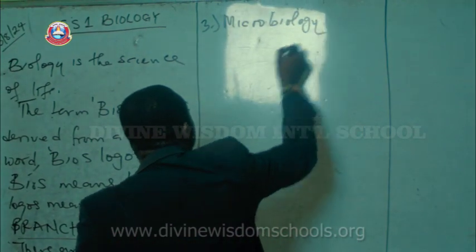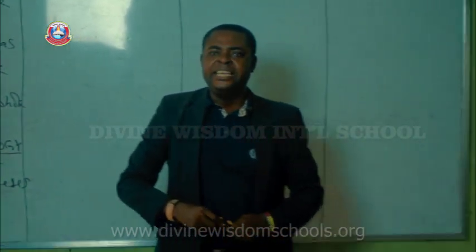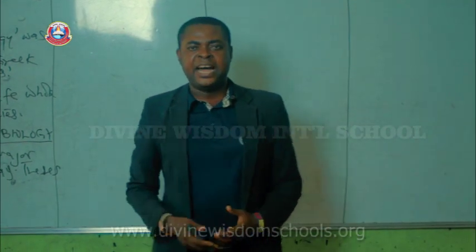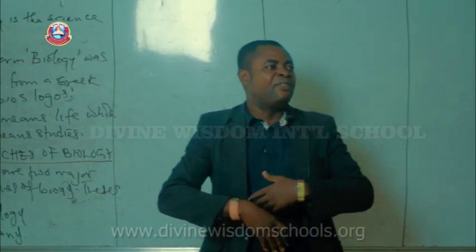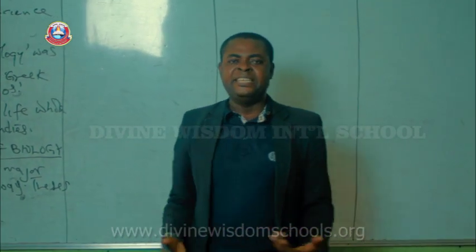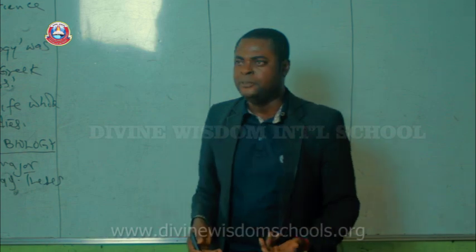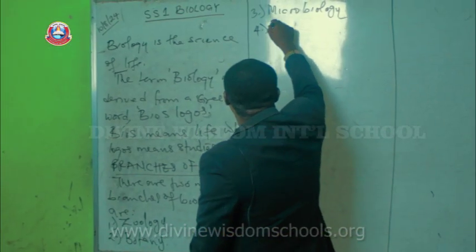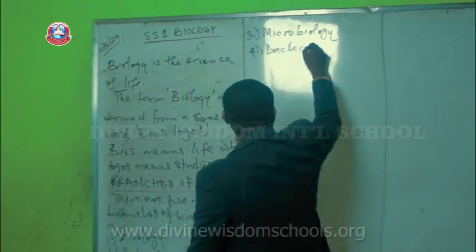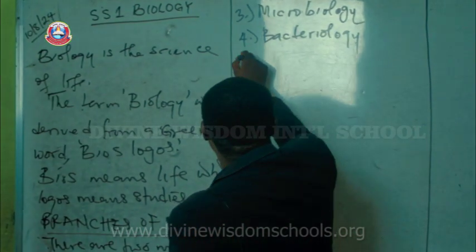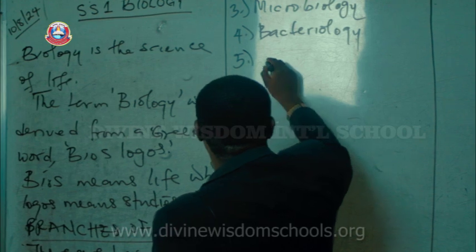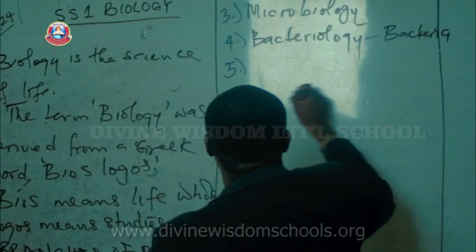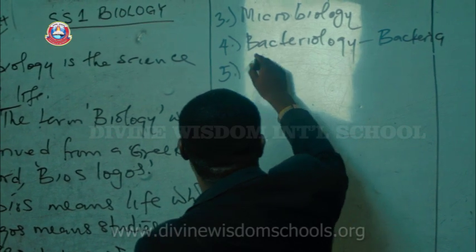So microbiology is a branch of biology that deals with the study of organisms that cannot be seen with naked eyes. And this microbiology is subdivided into many branches depending on the microorganism you are studying. If the microorganism you are studying is bacteria, then you have bacteriology. Bacteriology is the study of bacteria. If it is fungi, you have mycology.